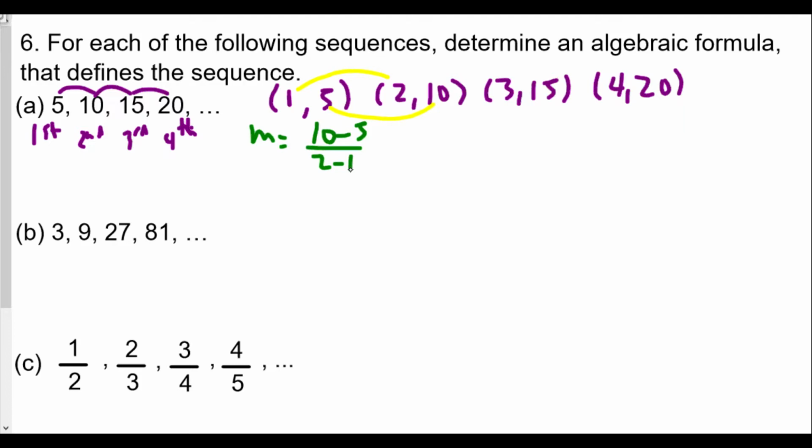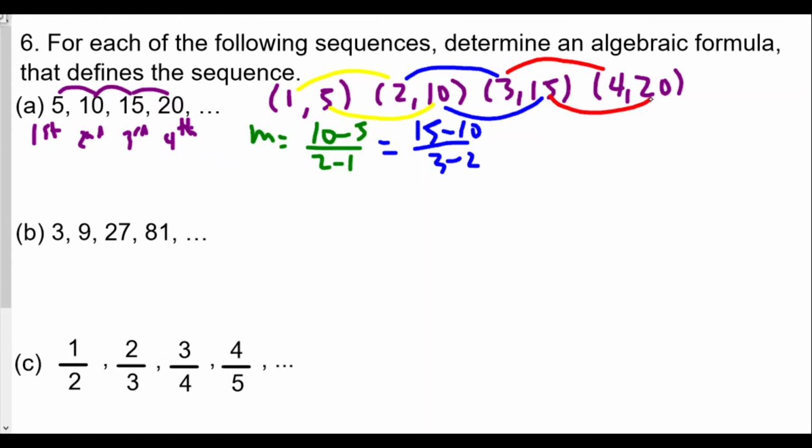Now, if I were to do the same thing for these two points, (2, 10) and (3, 15), we would still get 15 minus 10 over 3 minus 2. And if I continued using the coordinates (3, 15) and (4, 20), I would get, with the slope formula, 20 minus 15 over 4 minus 3.